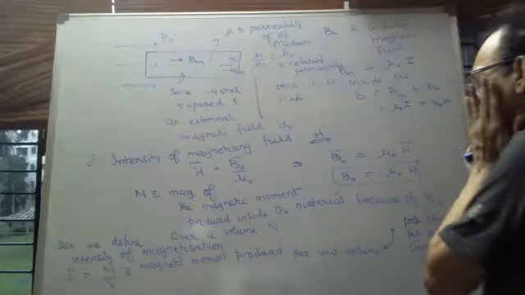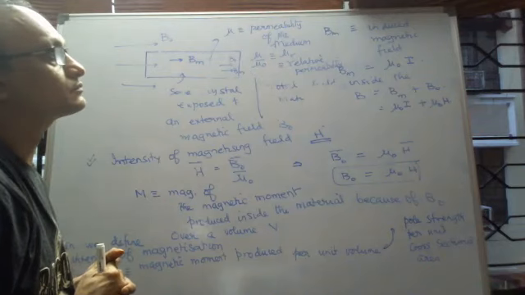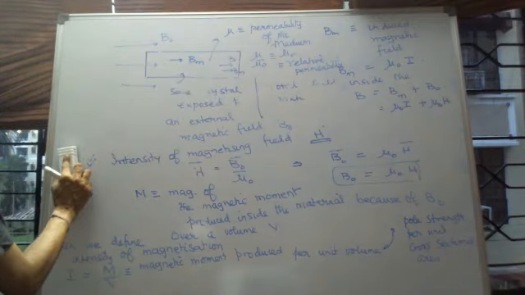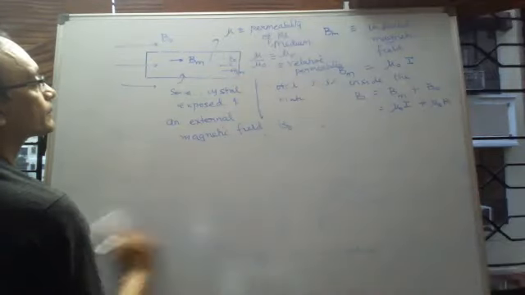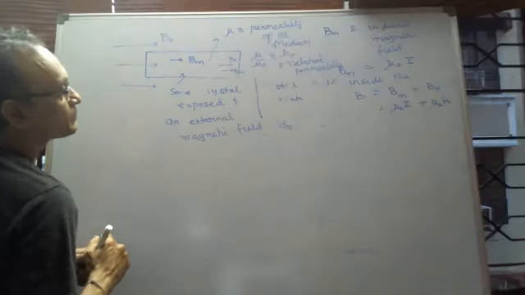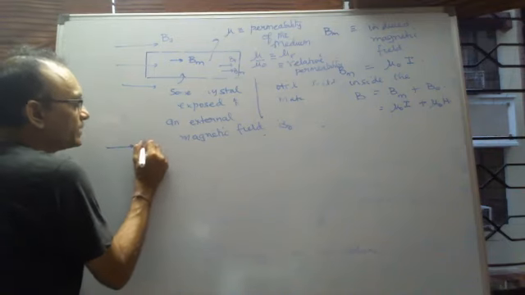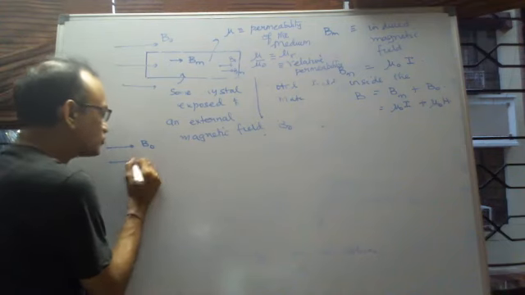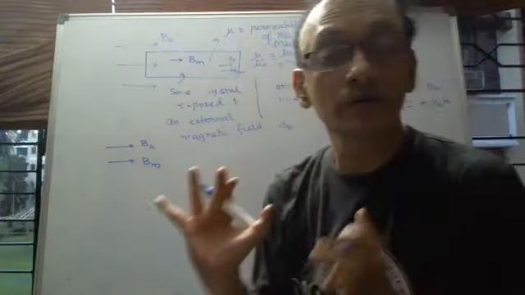Now look, we define another quantity. See what is happening. If I expose a material to an external magnetic field B naught and the magnetization induced is BM, BM is the intensity of the magnetization.